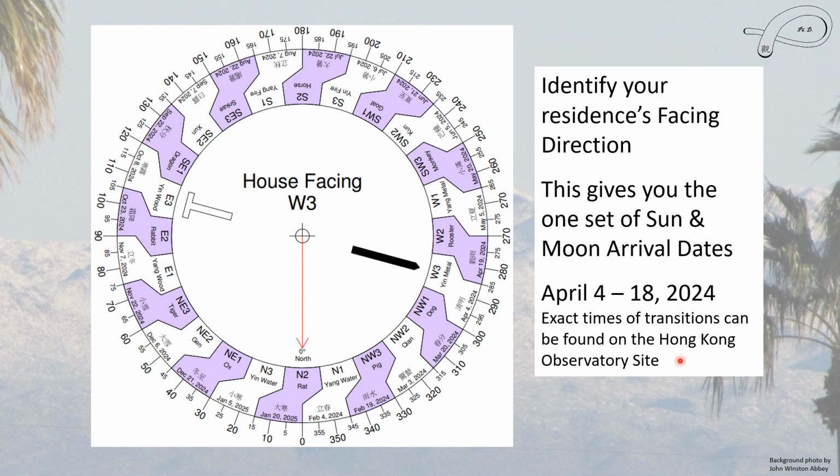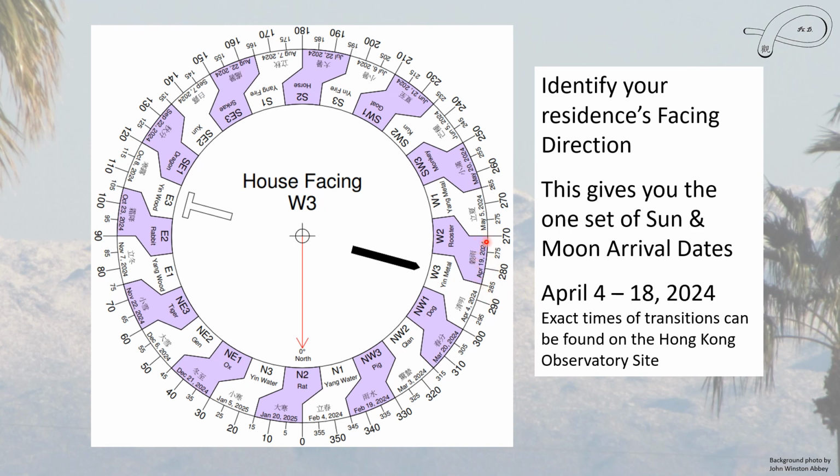And this time is for the whole Earth. So on the first day, you should check what time in your time zone the Hong Kong Observatory date and time states for the transition. So it can be kind of late in the day sometimes. So you have to be a little careful on that first day.